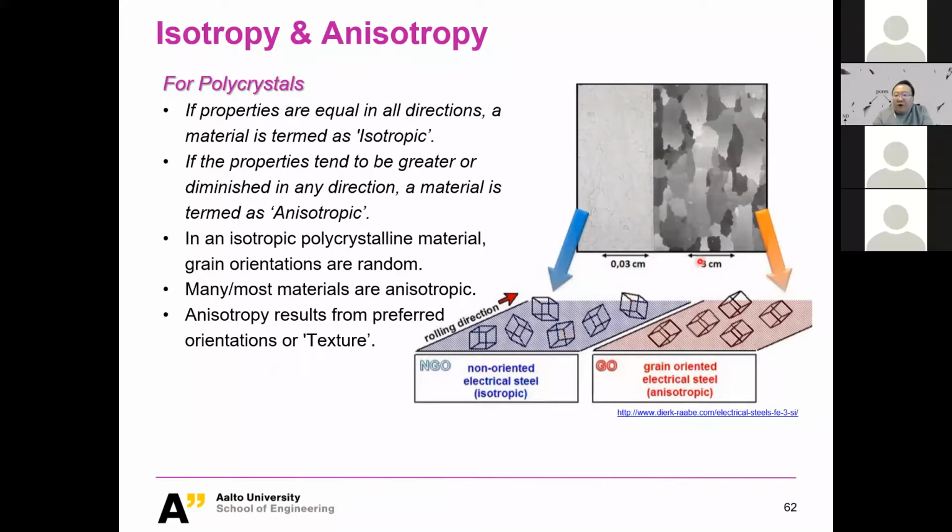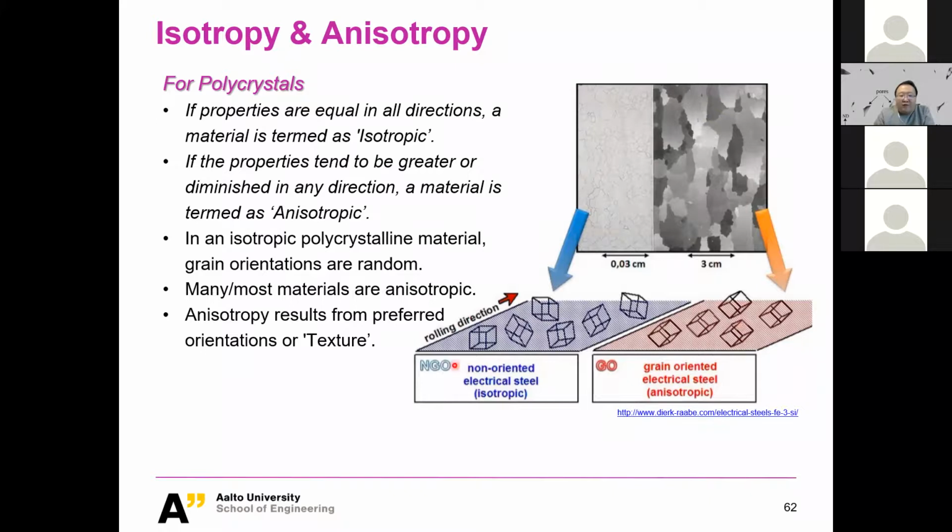But there could also be cases when they don't sit in a regular pattern. They still prefer to sit in a preferred way, maybe not as extreme as this, but a little bit different. That will still create some anisotropic properties when you measure your materials.